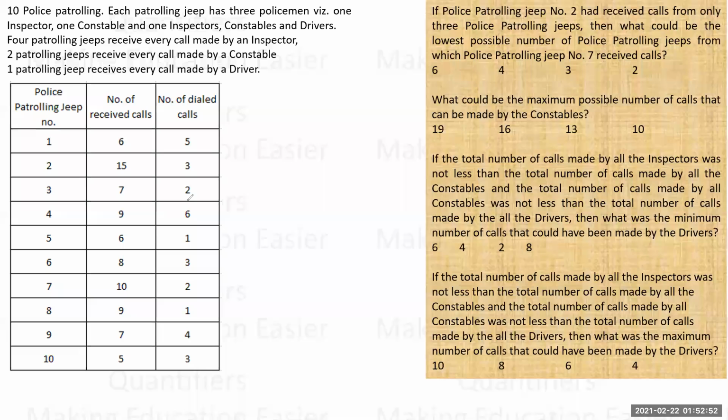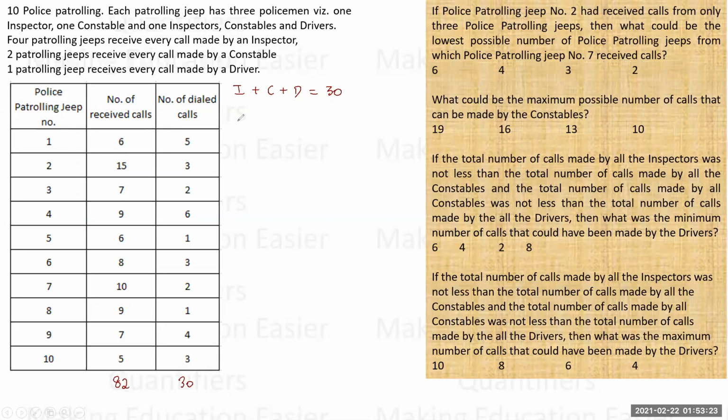Let's see what is the basic thing that we know. The total number of dialed calls: 8, 10, 16, 17, 20, 22, 3, 7, 30. Now what are the number of received calls? 21, 28, 37, 43, 51, 61, 70, 77, 82. Now I know that inspector plus constable plus driver all together have made 30 calls, right?